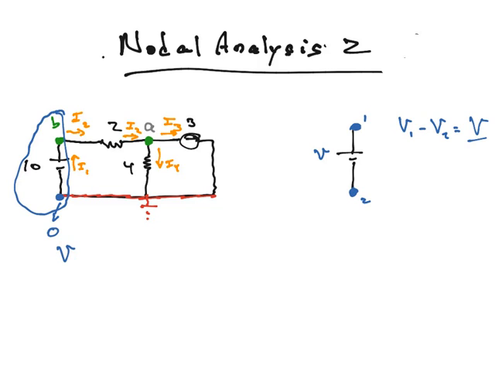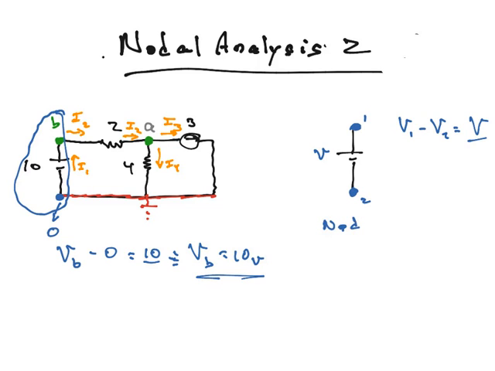That means VB minus 0 is equal to 10 volts. Obviously that implies VB is equal to 10 volts. So I already know the voltage at B, and all we have to do now is figure out A.